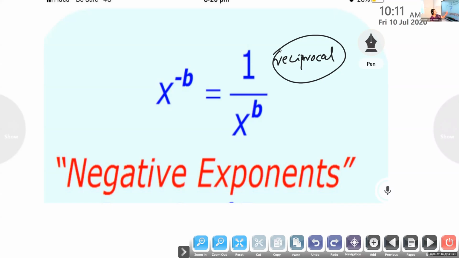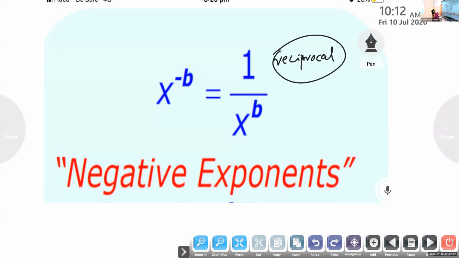See this: x raised to minus b equals 1 divided by x raised to b. The negative sign changes to positive. When we take the reciprocal of a negative exponent, the sign of the exponent changes.